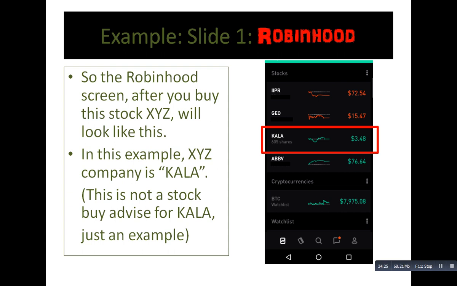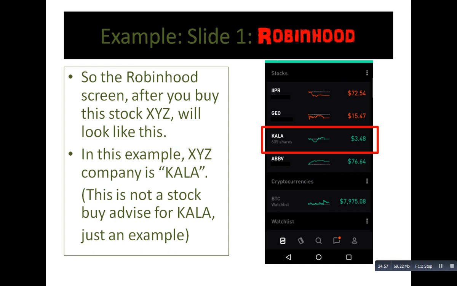So, after you have bought that 100 quantity of that KALA stock, it will show you in your Robinhood account. This presentation or this video does not talk about how to buy stock. This is only about the covered calls. So it assumes that you know how to buy this KALA stock in Robinhood, or any XYZ stock in Robinhood, and you already have it in your account.